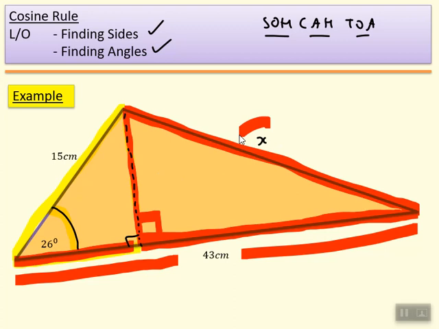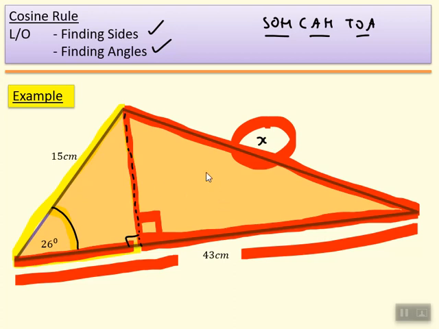It keeps building up an error, and it doesn't give you the exact result. It does work, you just need to do it to very accurate decimal places to get an exact answer. But we're going to teach you this cosine rule, which is quicker, and it gives you an accurate result in a couple of steps.